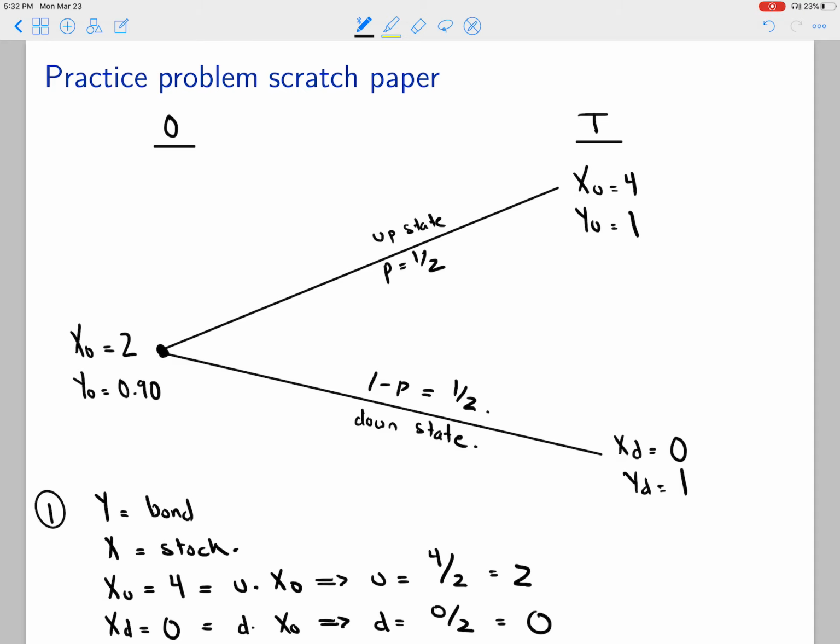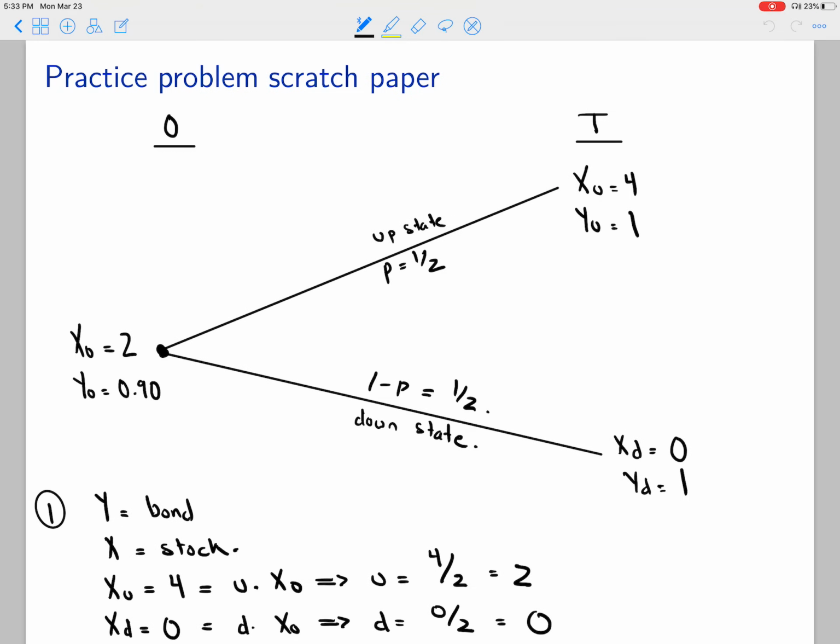In the second part of the question, what we want to do is calculate the continuously compounded risk-free rate. So we know that asset 2 is the bond. Let's look at it here, so I'll draw it in green. We know that asset 2 is the bond. It has constant payoffs of 1 in each state.